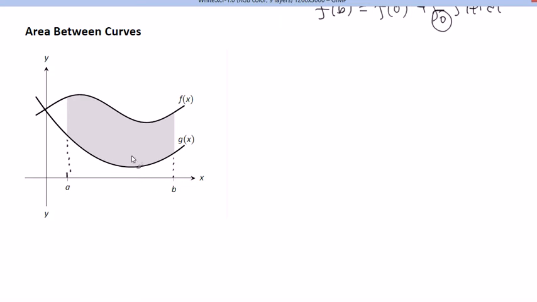So here's one approach. I'm going to divide this into n pieces. N can be 100, 200, very, very many pieces. Then here is one interval where the left endpoint is x sub k minus 1, and the right endpoint is x sub k, right? So draw the vertical line on that.